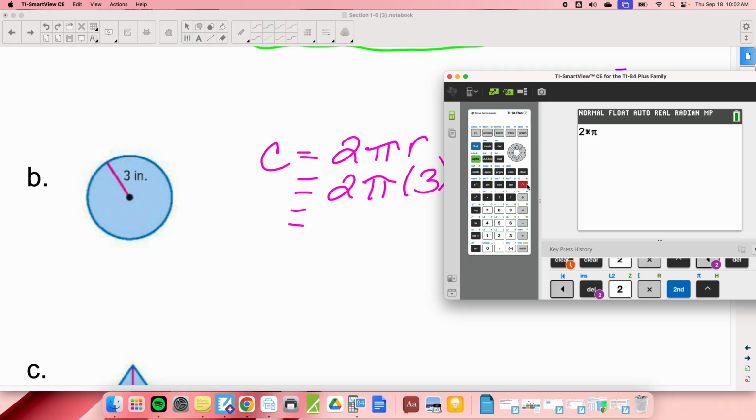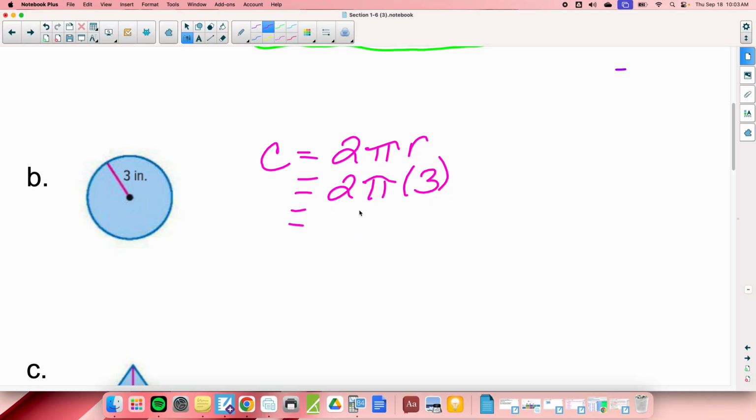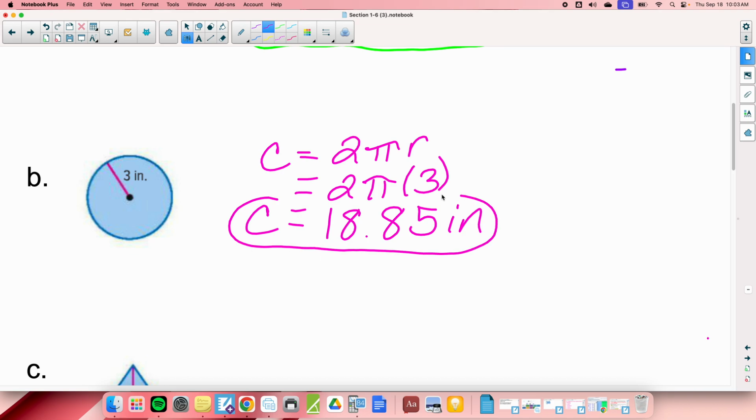Second and the up arrow. If you have a calculator from up here, or one that looks like this, the pi key is along the left-hand side, and it's the 4th one down, okay? Does anyone have a different calculator that you need me to point out where the pi key is? Okay. And then we would go times 3, and that is 18, and we're gonna round to 2 decimal places, so 18.85. And this is circumference, so it's just inches, okay?